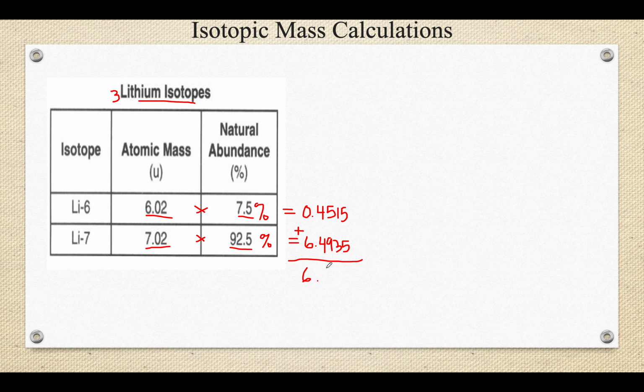So the average mass of all the lithium isotopes that exist in this universe is 6.945. All right, so we'll walk through one more example.